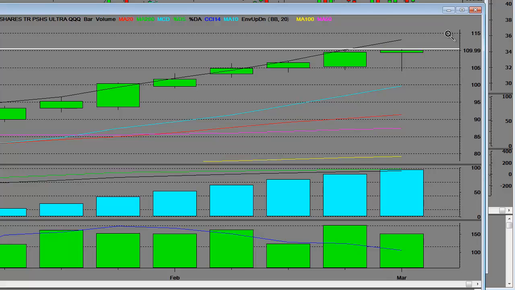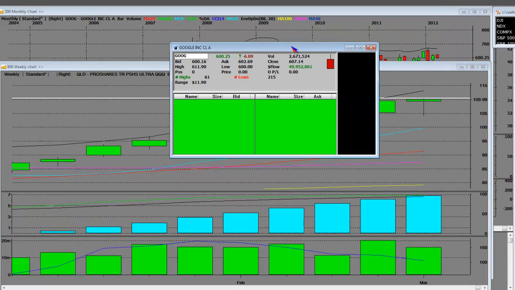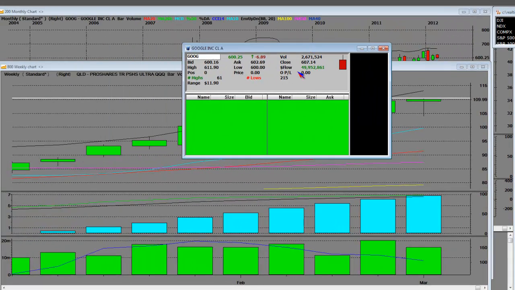That is where ECNs, electronic communication networks, were developed and match up buyers and sellers within milliseconds. True story. And so there are pricing scripts that could be 80 cents times 3, $2.40.